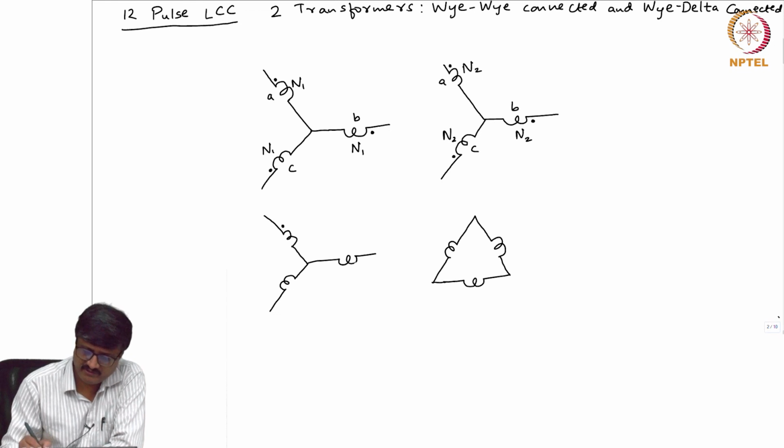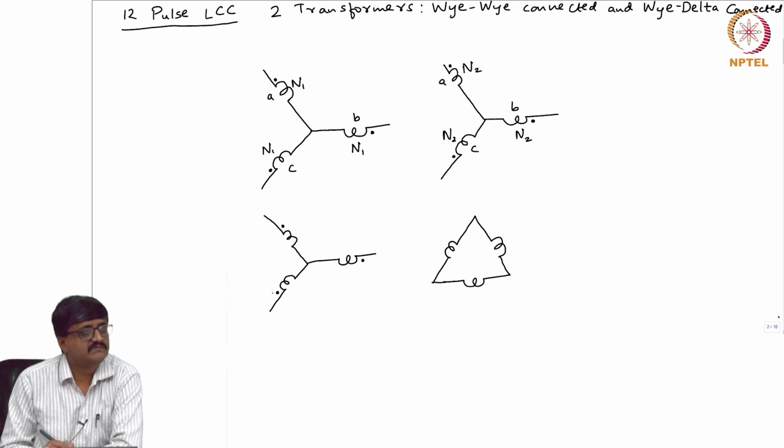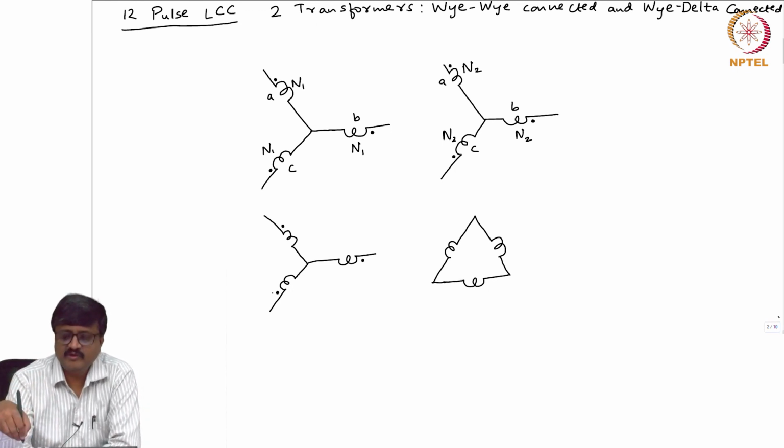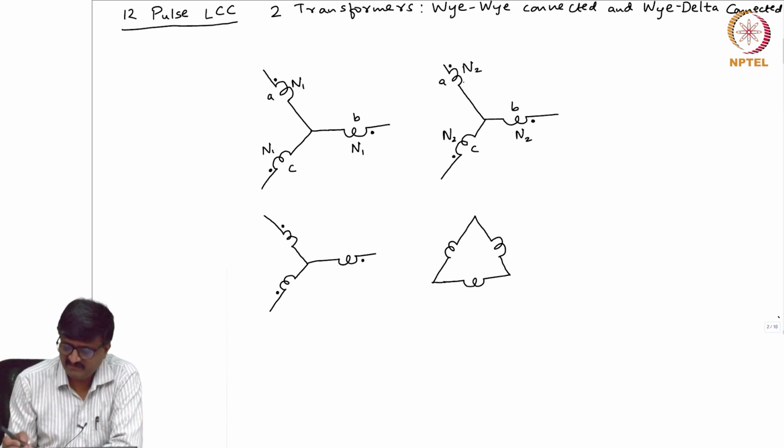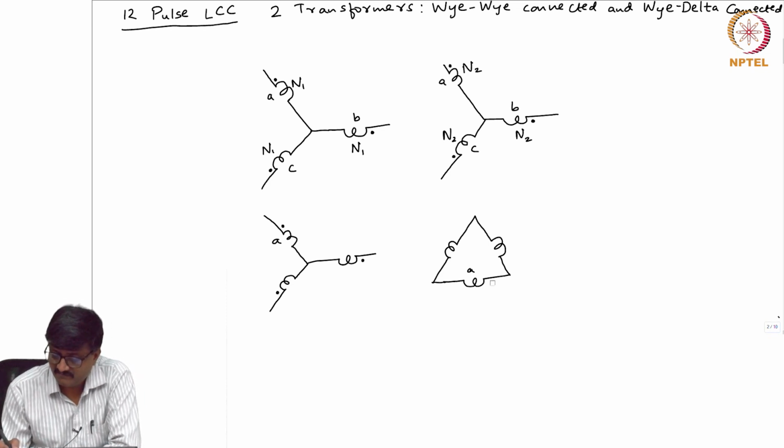Suppose I put a dot here, here, and here. You would have noticed not only that they are shown in parallel, but if you look at the A phase, the dot is above on the primary side, and on the secondary side also it is above in the YY case. The same thing is applicable even here. So, if this is A phase, this is A phase. Oh, sorry, I made a mistake. So, this is A phase.